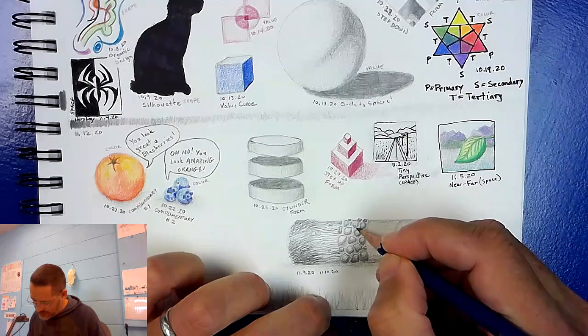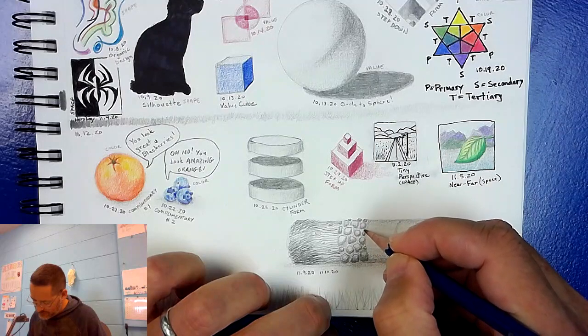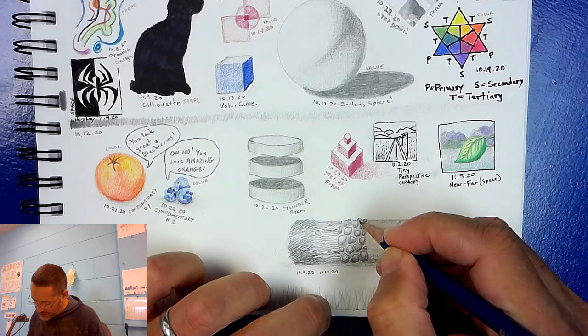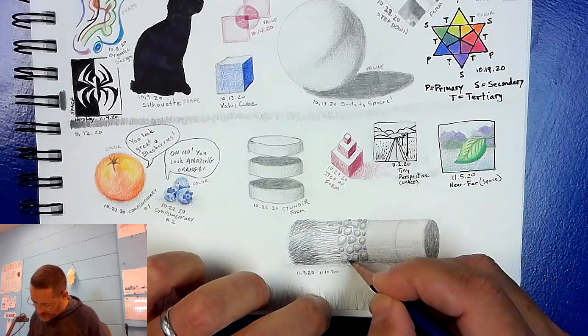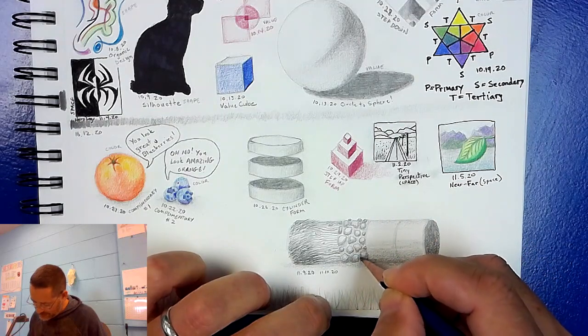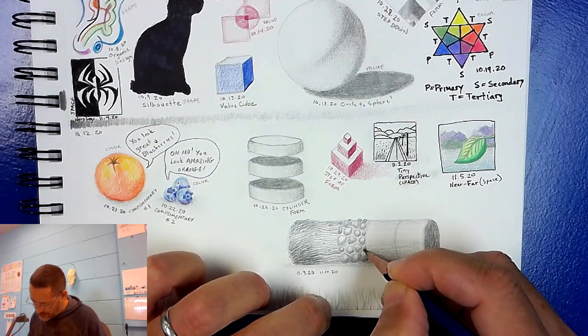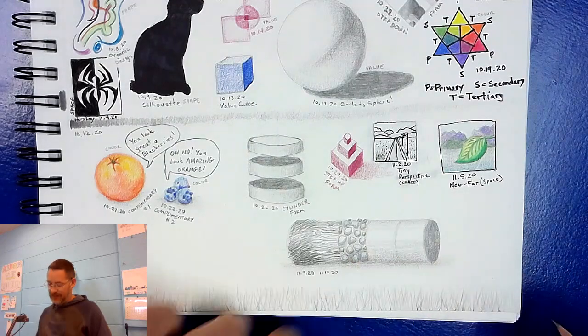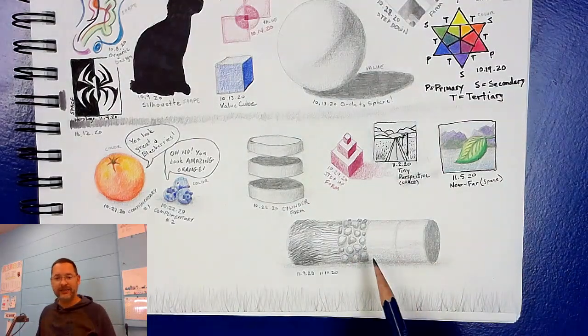So up around here, those in between areas are going to be a little lighter, and at the top and bottom they're going to be a little darker. The bottom should be where they're darkest, the upper middle where they're lightest, and then at the top again kind of a mid-tone.